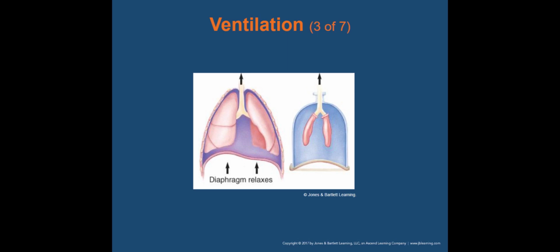That then pulls air through the path of least resistance into the lungs. So that path of resistance, the easiest part, of course, happens to be the trachea and the upper airway. Whenever you relax your diaphragm, the diaphragm then pushes the air back out via the path of least resistance.